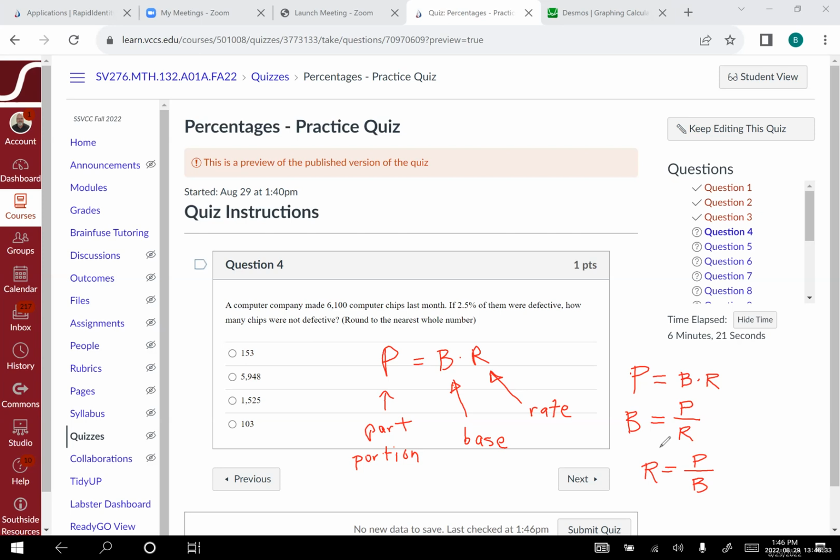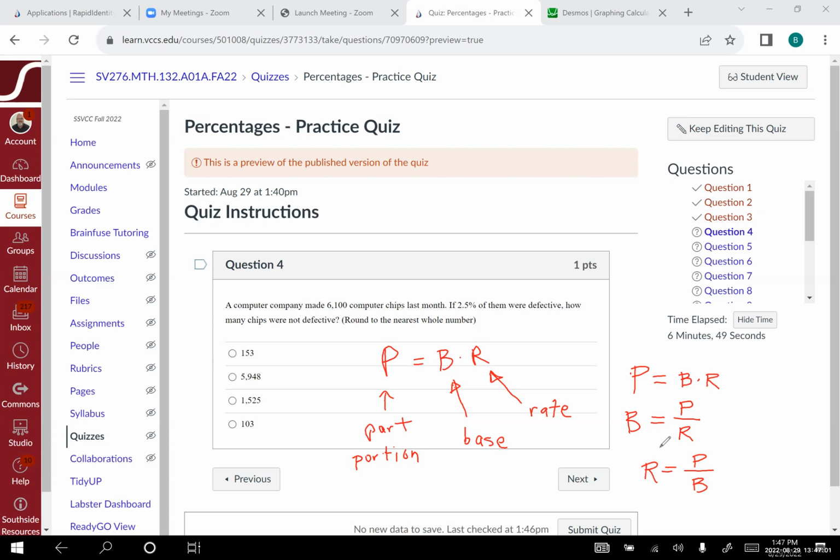Can you slide the Zoom video? I can't really see the equation on the side. You can't see it? Yeah, the first one is P equals B times R, right? Is it off the screen or where? Yeah, it's the Zoom of the different classes at the bottom of the screen.